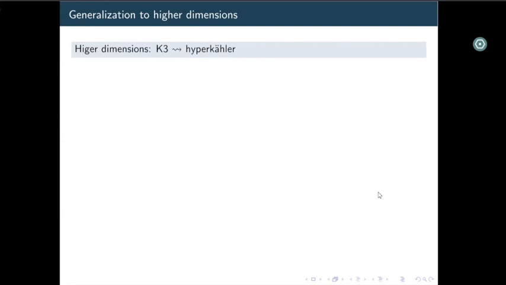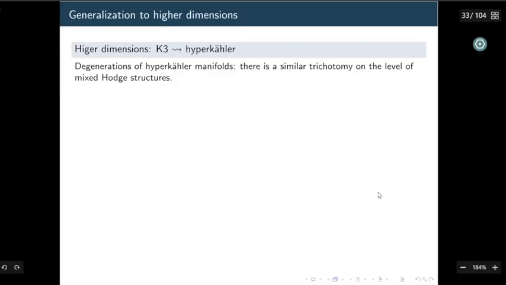So when I say generalize to higher dimensions, the type of generalization that I'm interested in is generalization from K3 surfaces to hyperkaehler varieties. So there's a similar type of trichotomy on the level of mixed Hodge structures, and this is again based on just looking at how H2 degenerates.